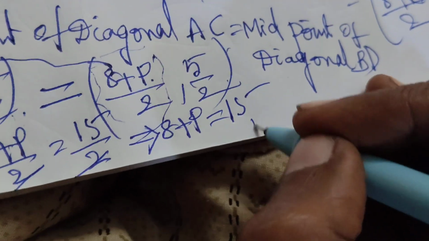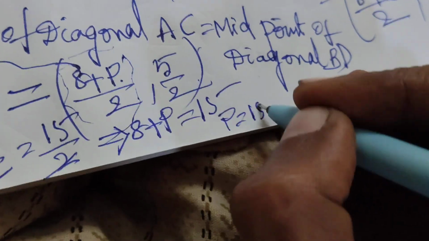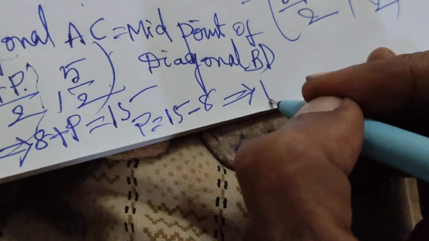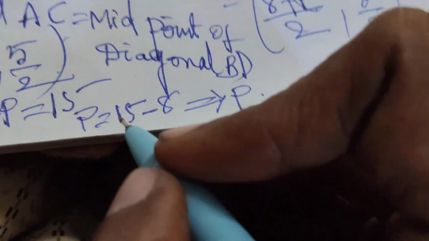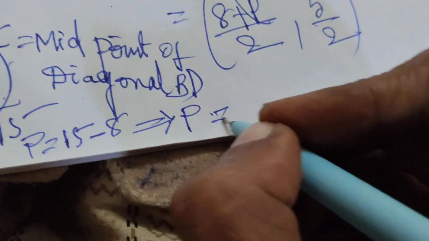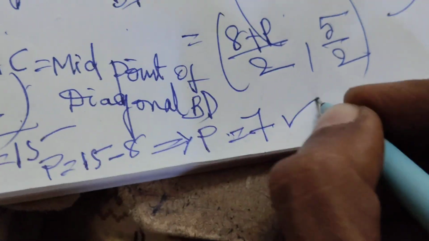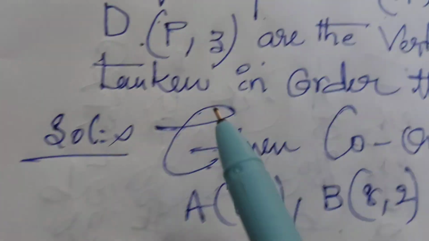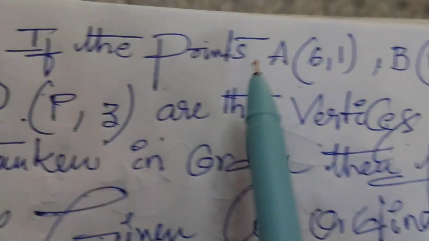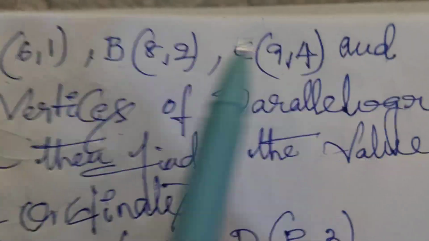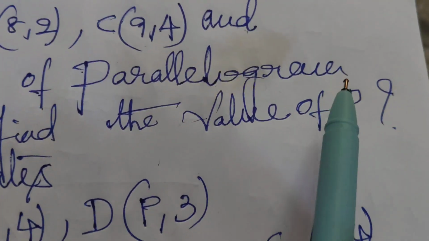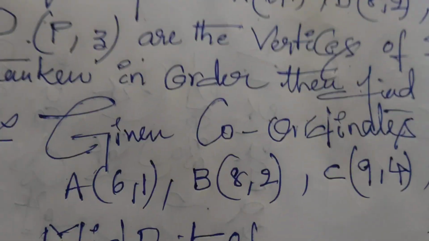We want the p value: p = 15 minus 8, which means p equals 7. Hence the p value is 7, for which the given four coordinates A, B, C, D are the vertices of a parallelogram. Okay, thank you.